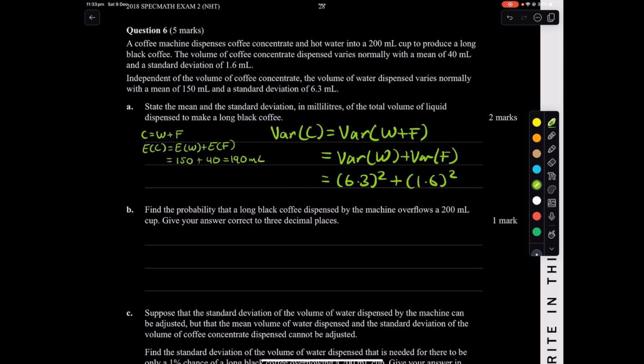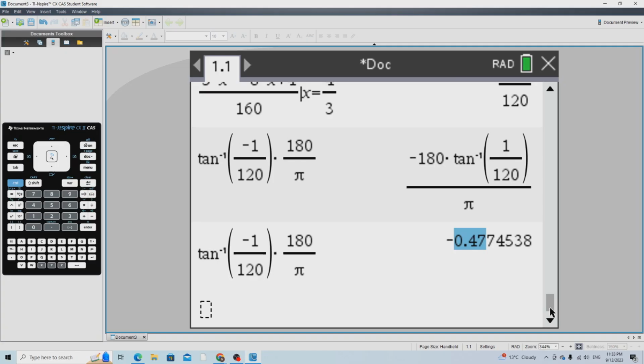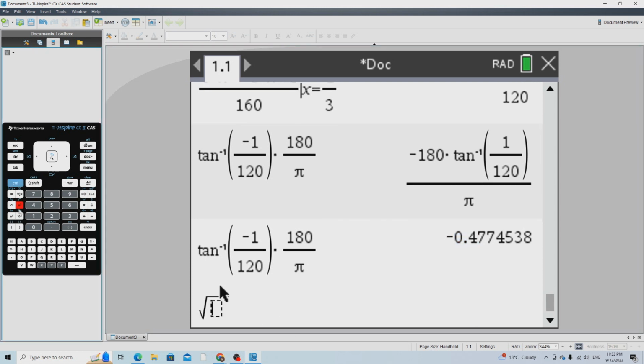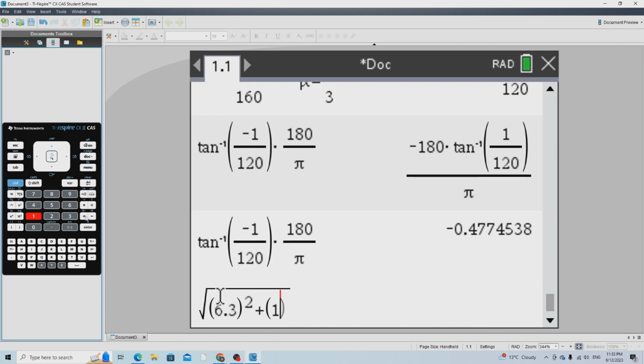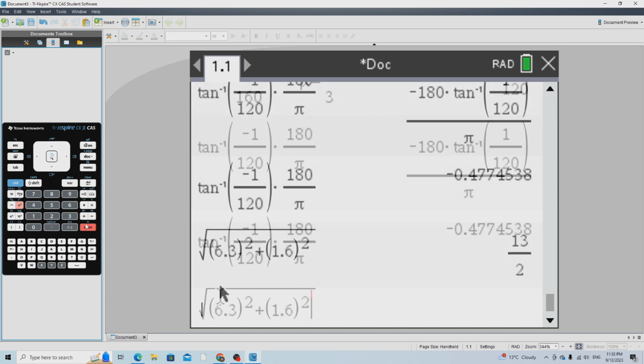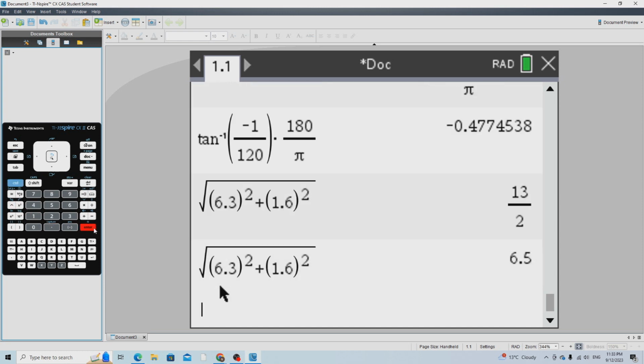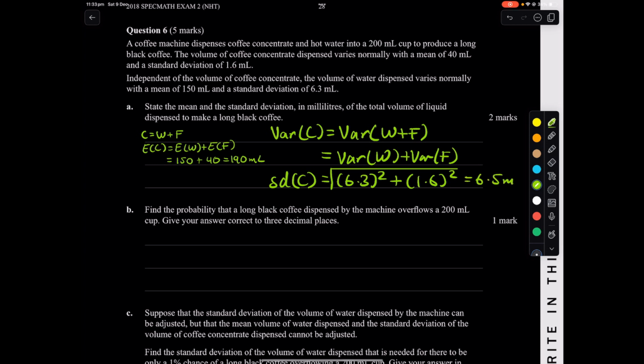Then the standard deviation of C is just the square root of that expression. Let's do that on the calculator: the square root of 6.3 squared plus 1.6 squared. That gives us 6.5 milliliters. So that's the standard deviation, and that's the mean.